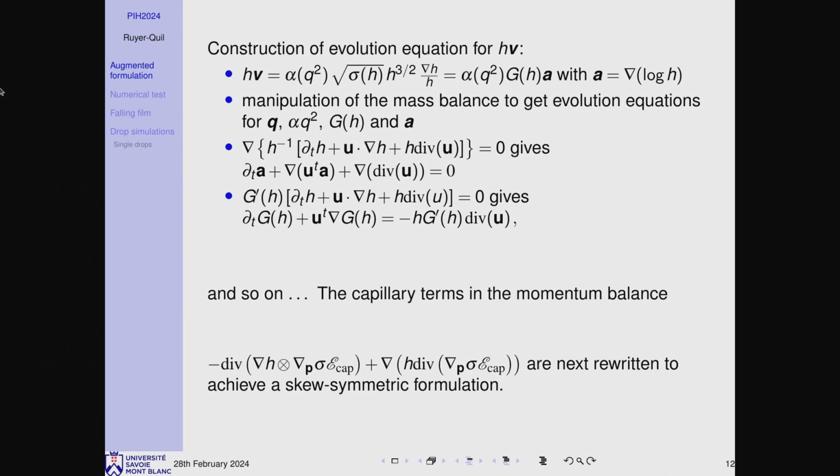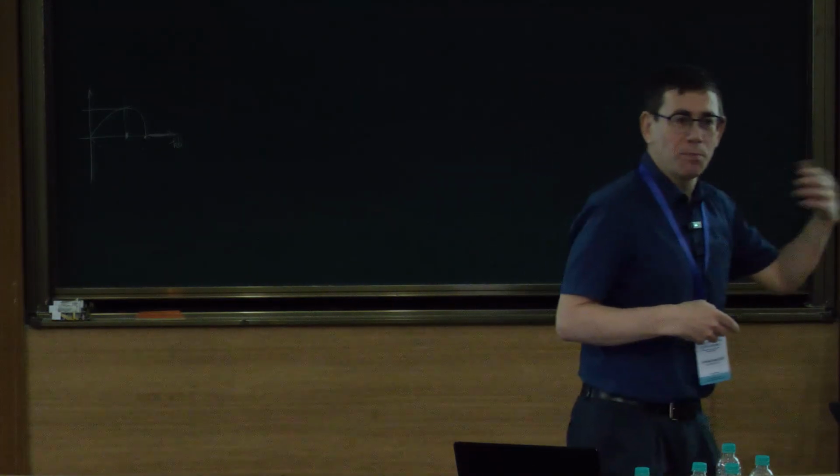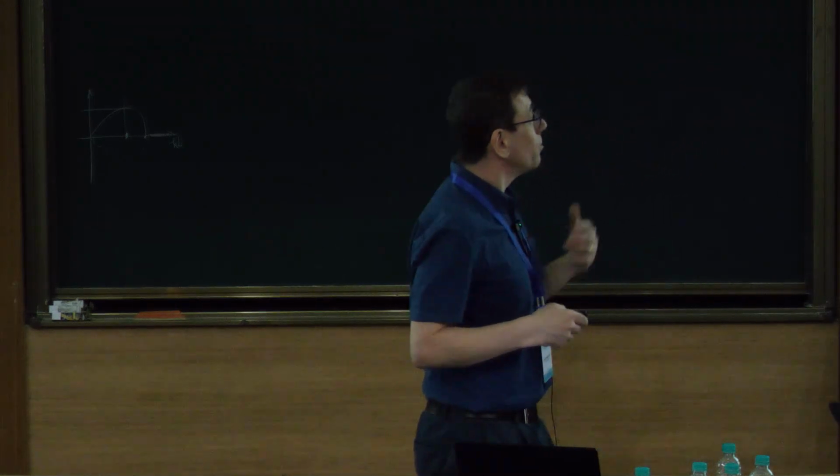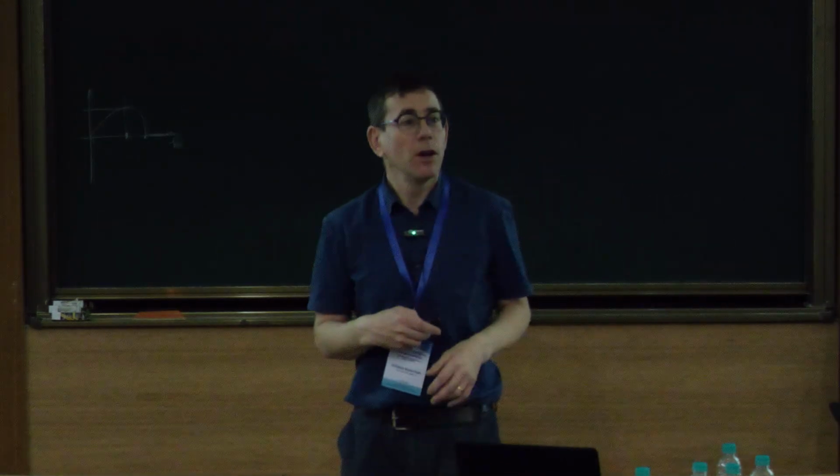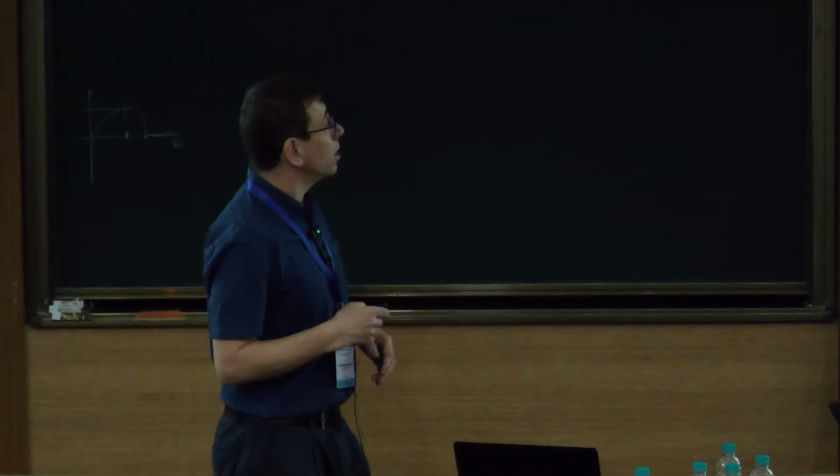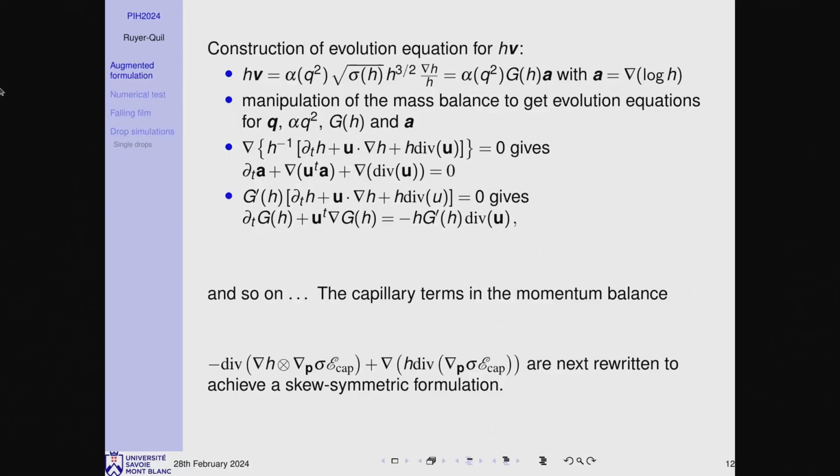It is simply because if you work with the mass balance, and you take the gradient of the mass balance, you can easily obtain an evolution equation for the gradient of the logarithm of H. And then you multiply by G prime, with this formula, and by steps, it's a bit complex. At the end of the day, you find an evolution equation for what you are looking for, which is the conserved quantity H times V.